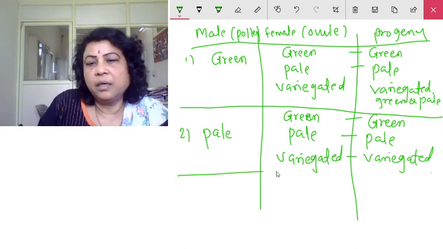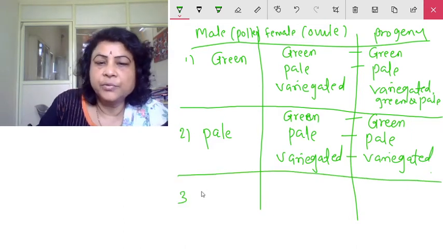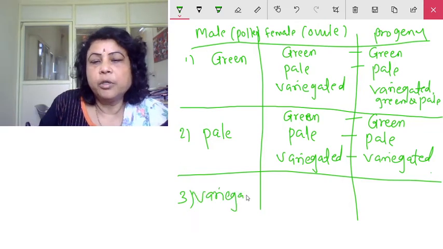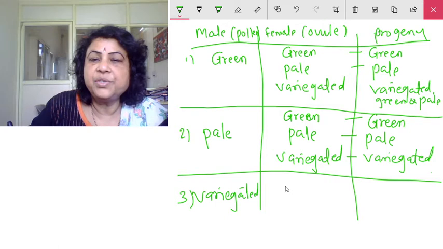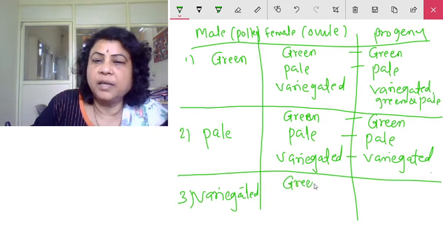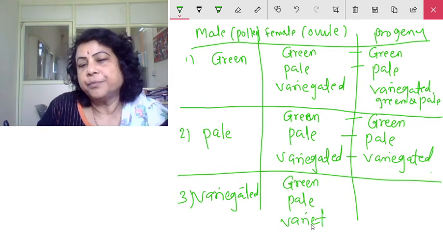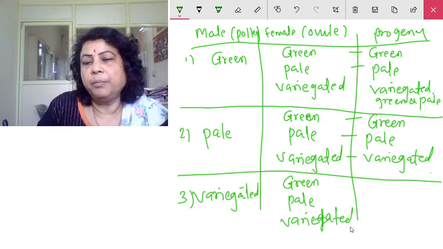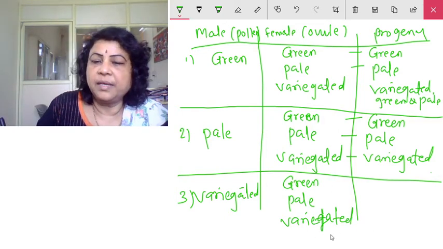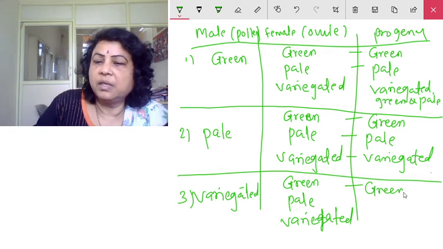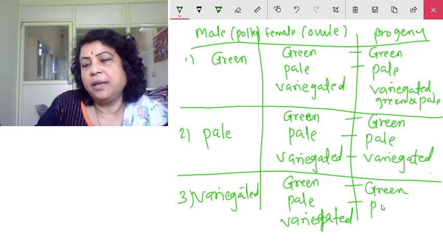The third case was the variegated pollen grains from the variegated branch, with green, pale, and variegated ovules from the green branch, pale branch, and variegated branch. The resultant progeny was also green, pale, and variegated.